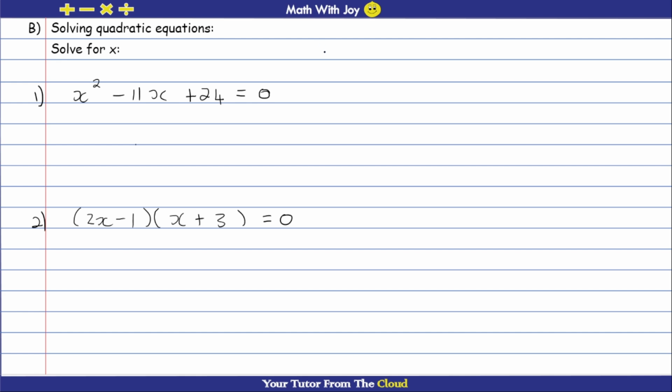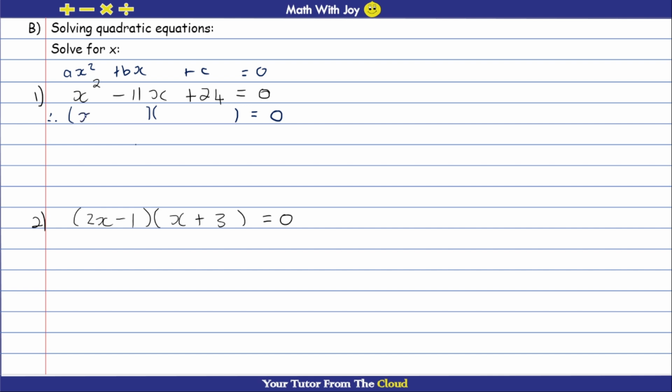Well, solving it, you always want to have it in the standard form of ax squared plus bx plus c equals 0. So this first question is already in standard form. After you have it in standard form, you want to make sure that you factorize. So that's why we learned how to factorize previously, because you need to factorize this.